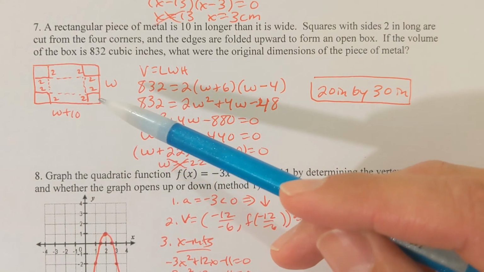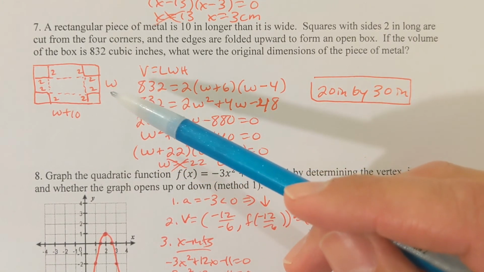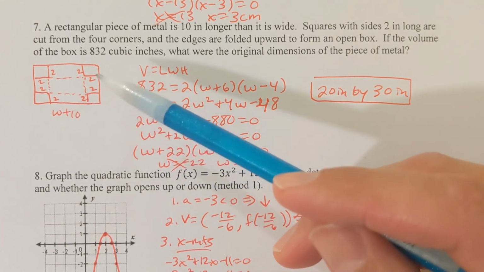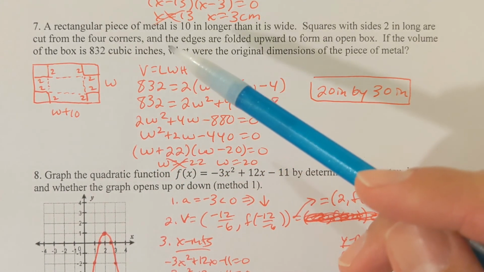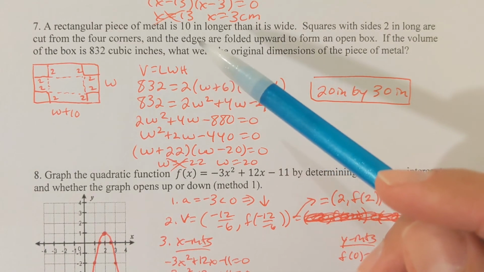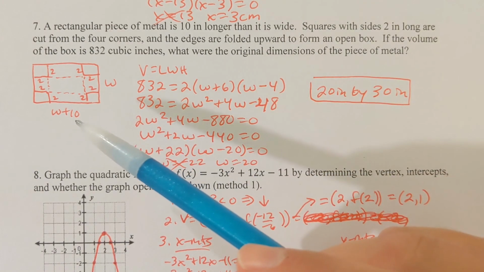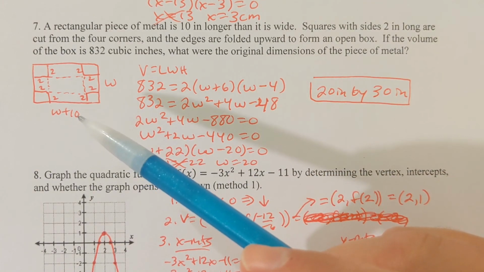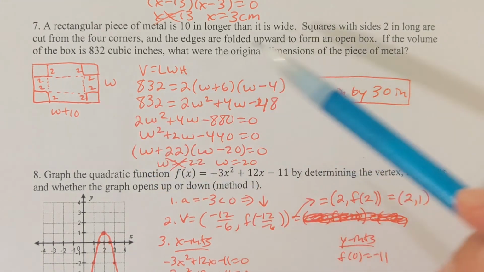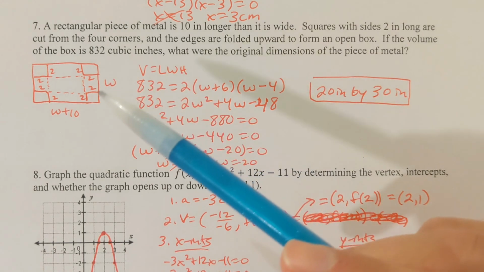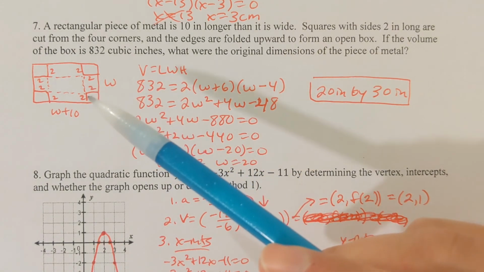a piece of metal, and the width is W, the length is L. The length is 10 inches longer than it is wide. Okay, so where I see the length, I'm going to write W plus 10. Squares with sides 2 inches are cut from the 4 corners.